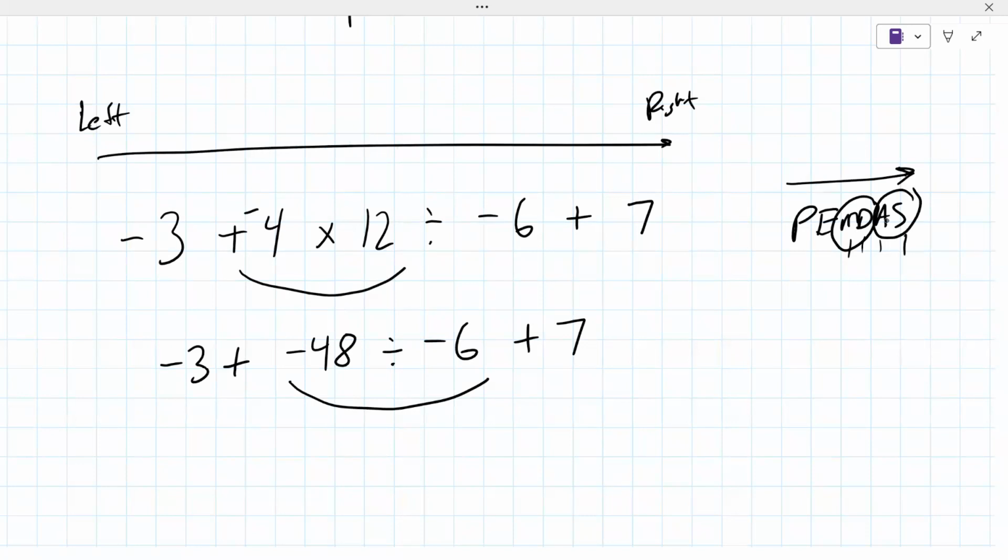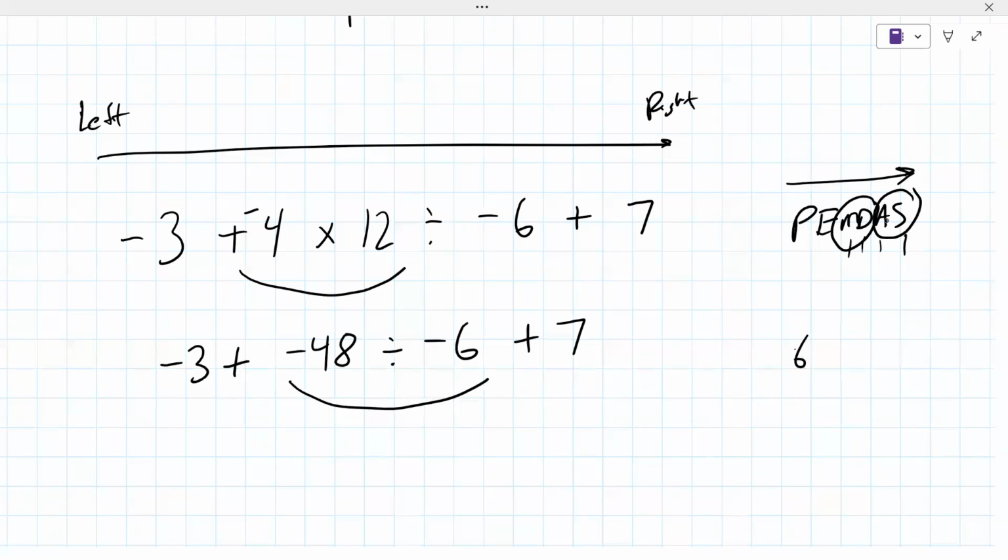So for -48 divided by -6 equals, let me think. -48 divided by -6 equals -7.